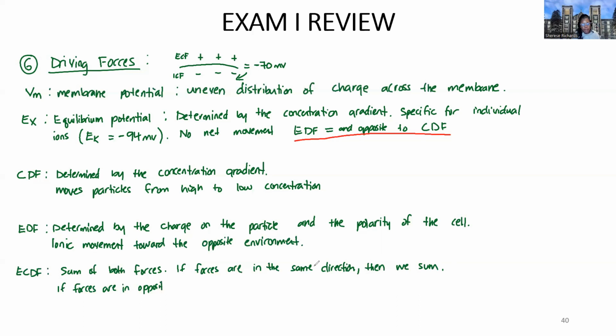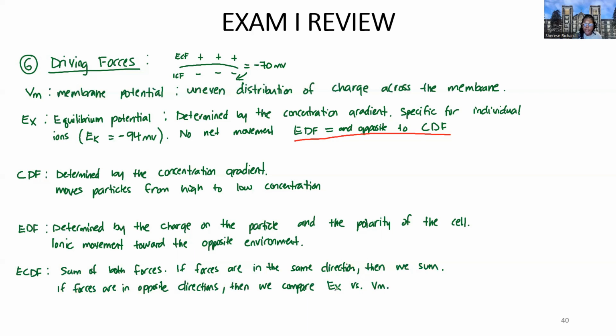if forces are in opposite direction, then we're going to think about looking at the equilibrium potential and comparing that equilibrium potential versus the membrane potential, and we determine which force is stronger.